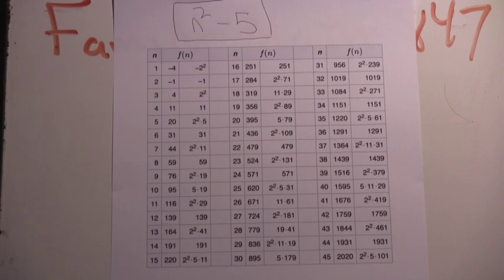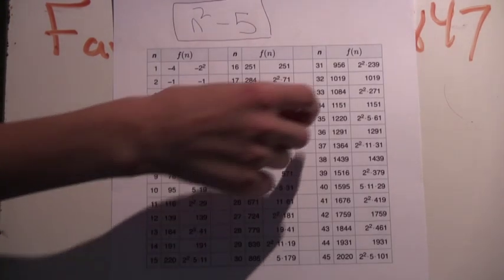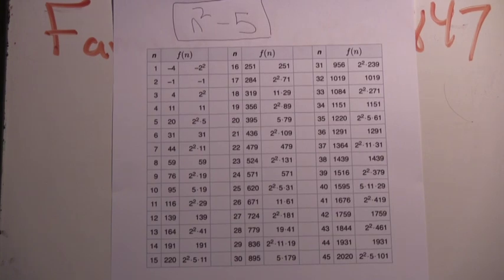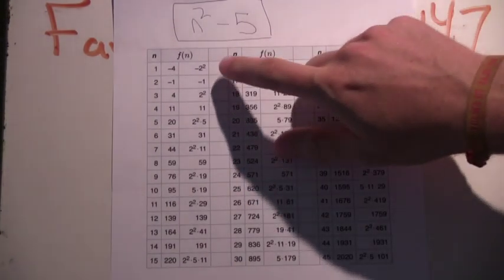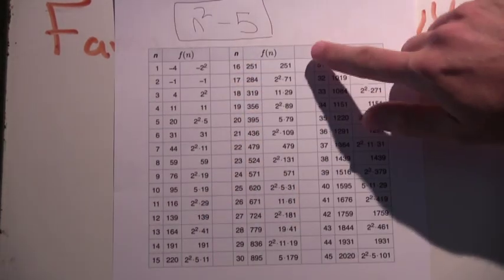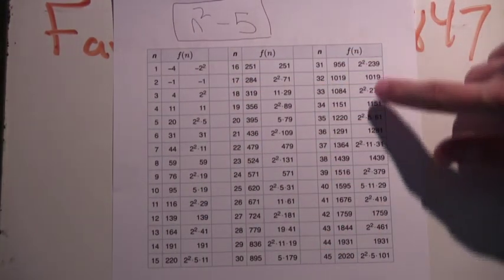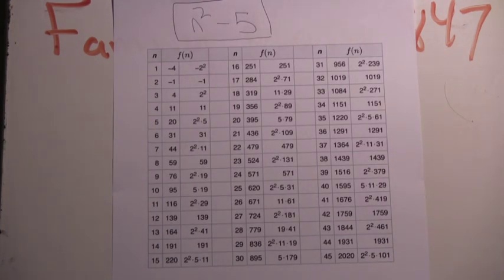What is 35 squared minus 5? 1,220. Okay. And then the third column shows how the numbers factor. So, for example, can you show me how 23 squared minus 5 factors? 2 squared times 131. Very good.